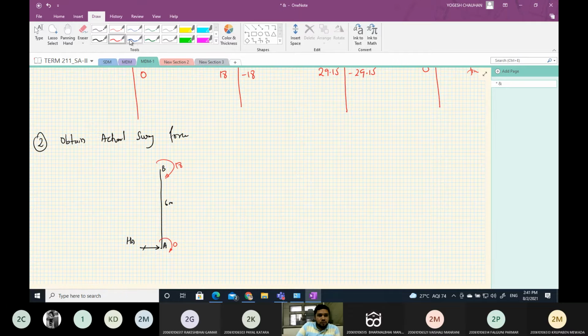Similarly, for member CD, which is 3 meter, it is anti-clockwise 29.15 and 0 here.